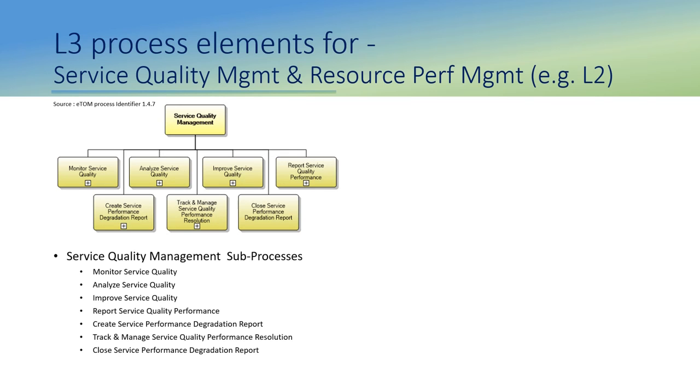An example process, service quality management, can be decomposed into sub-processes, namely monitor service quality, analyze service quality, improve service quality, report service quality performance, create service performance degradation report, track and manage service quality performance resolution, close service performance degradation report.